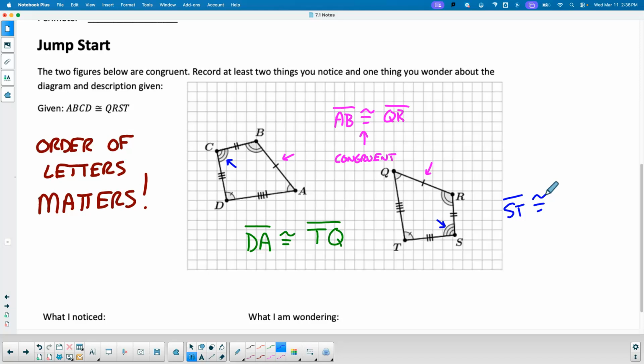CD. Oh, because it went from the one with the blue arrow in it, right? We started with S, so the blue arrow was at C, and then we went to T. T had the arc with the slash through it, so that's D. Oh. Order matters. Yep, same symbols. We also do AB and also QT, and AD and QT. But you can't intermix those two. You know what I mean? Yep.